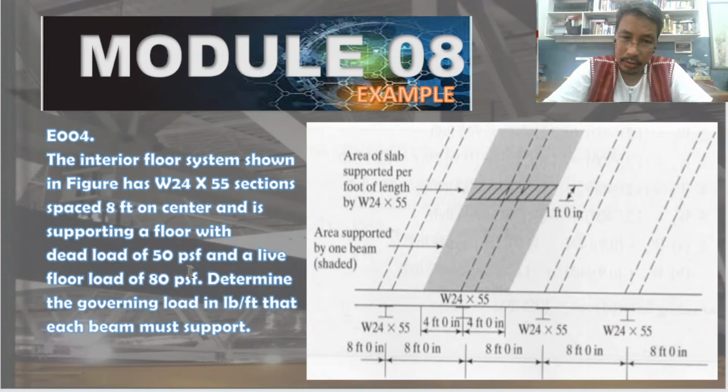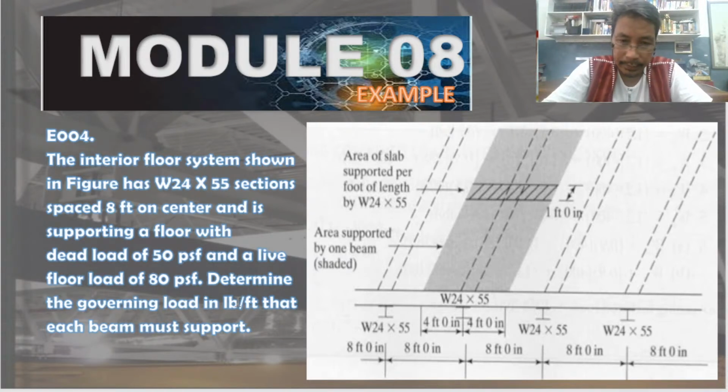So 50 and 80. Therefore, the question is, determine the governing load in pounds per foot that this beam must support.